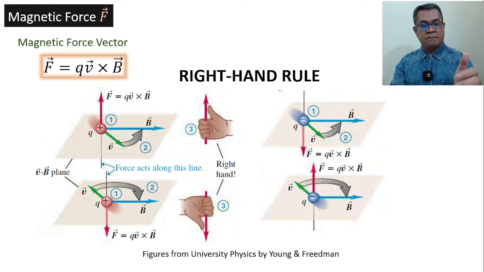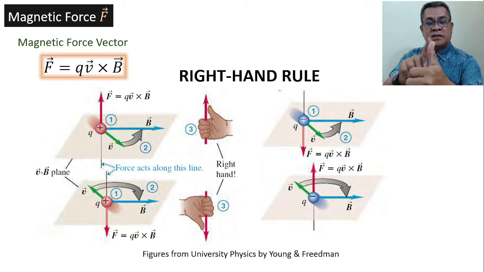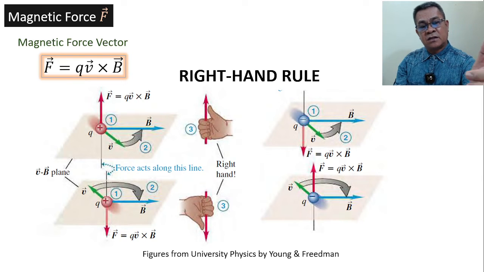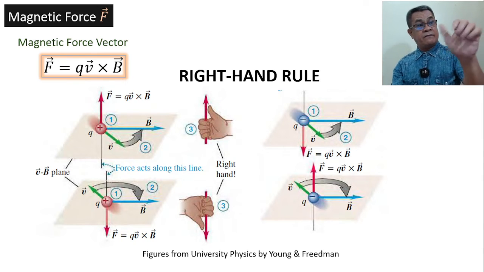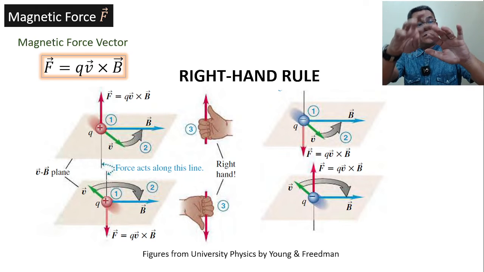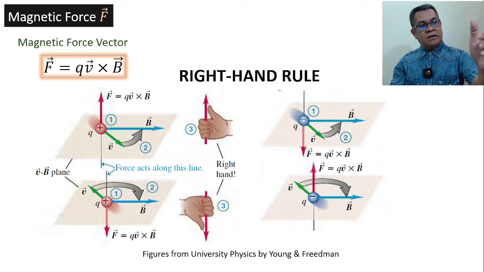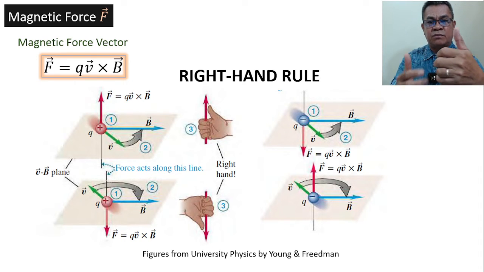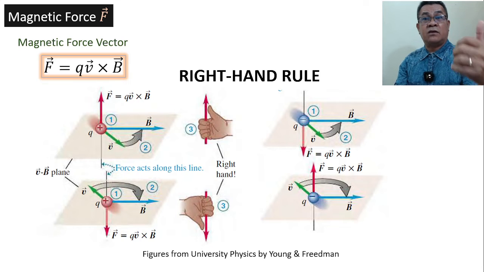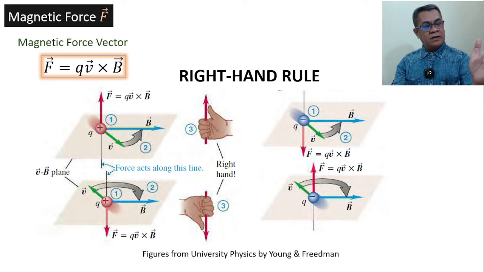Okay, the thumbs up means the thumb is still the force, but the curl of your four fingers, 1, 2, 3, 4 fingernails, will be the direction of your angle. Remember, the angle is coming from velocity towards the magnetic field. So therefore, you have to use your right hand rule, curl it, then stretch your thumb, and that will be the direction of the force.